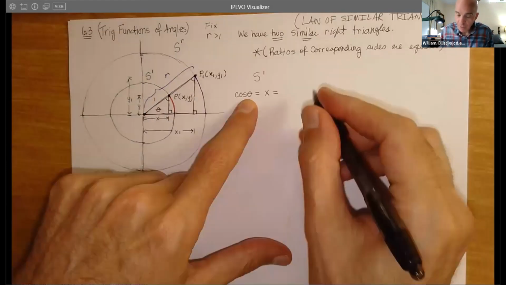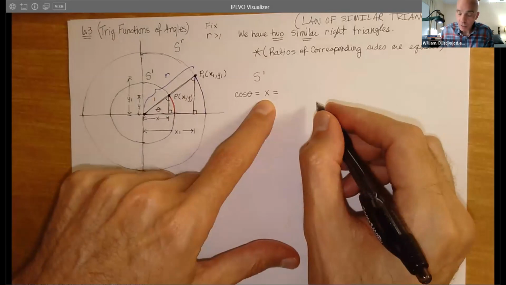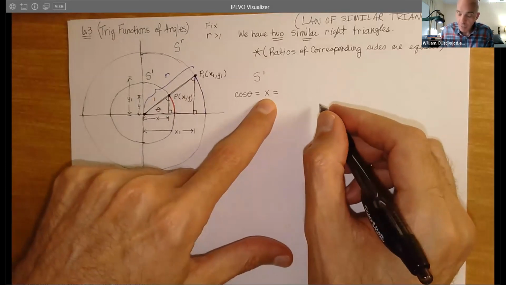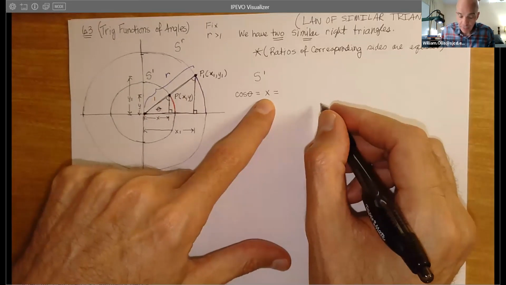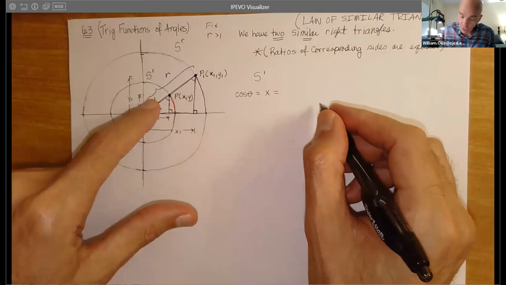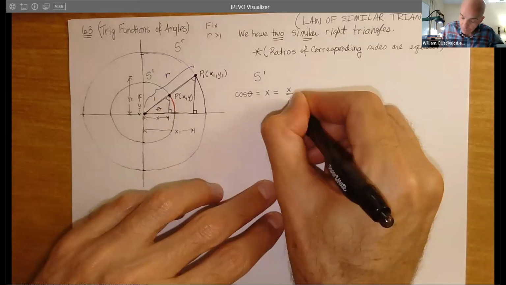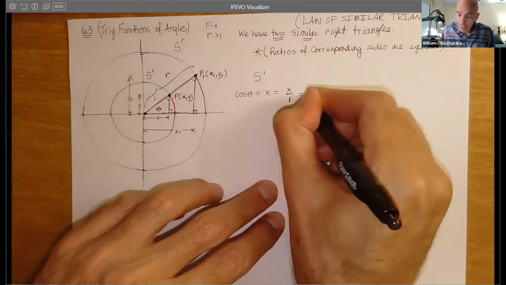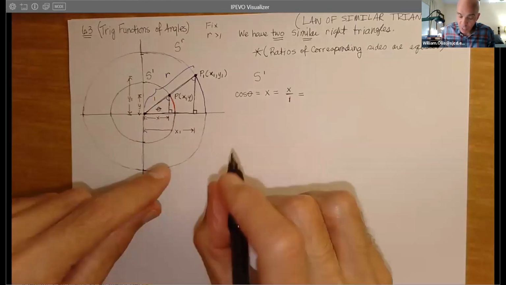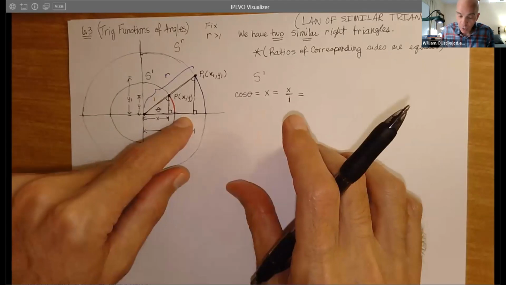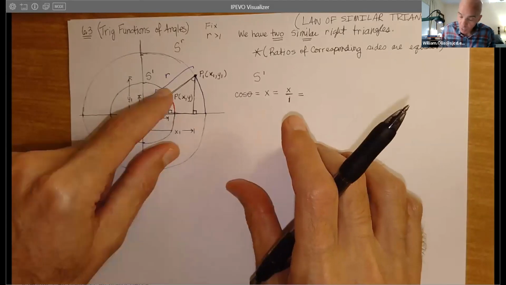So cosine of theta, by the trigonometric definition on the unit circle, is x, but that is also adjacent over hypotenuse, which is x over 1. But now, by laws of similar triangles, the adjacent side of the larger triangle over the hypotenuse is also equal to this.